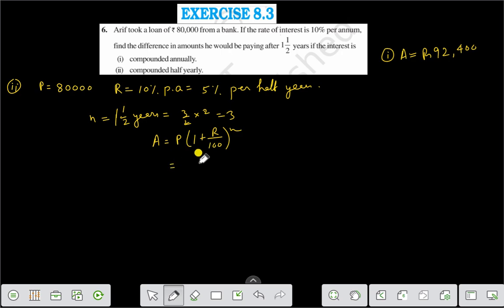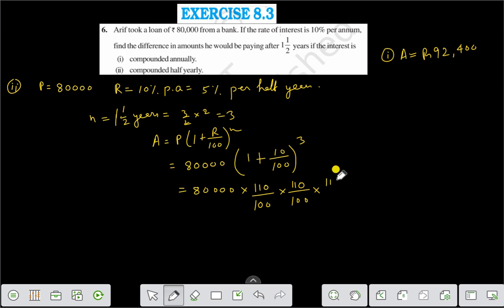Here the principal is rupees 80,000 into 110 by 100 into 110 by 100 into 110 by 100.